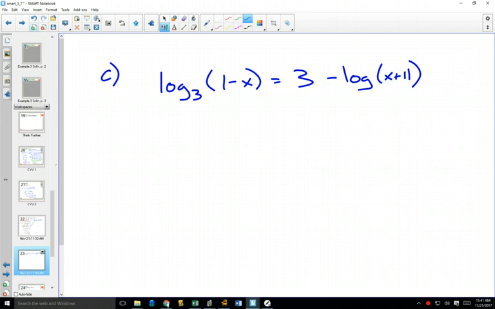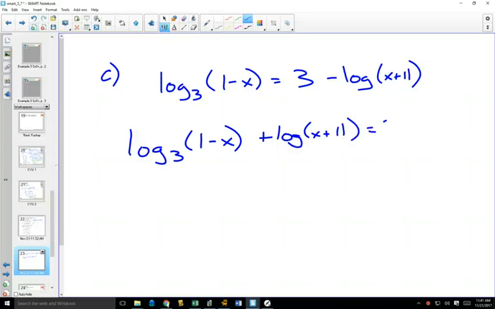The only way you can put logs together is if they're on the same side of an equation. So the very first thing I'm going to do here is add log x plus 11 to both sides. That puts my logs on the same side. And now if I multiply, whoops, I forgot the little 3 here. Need to have the same base.